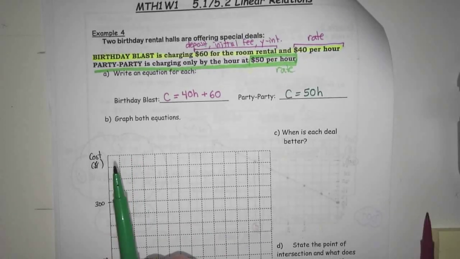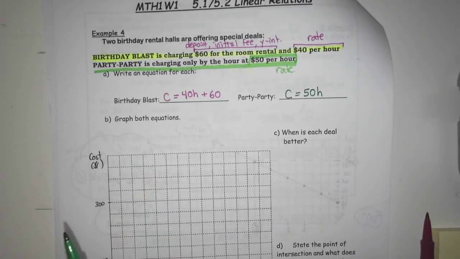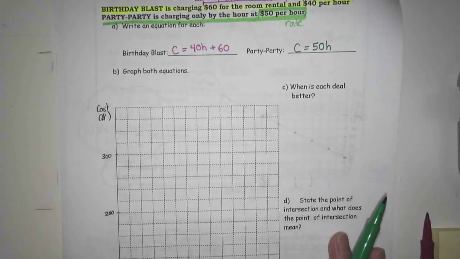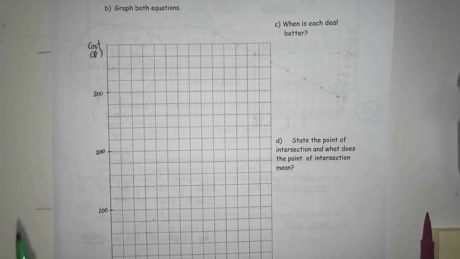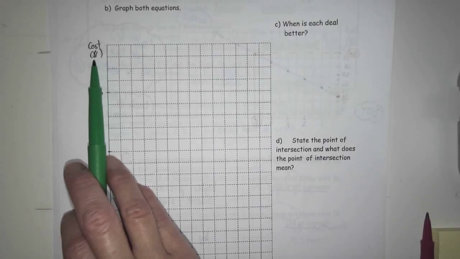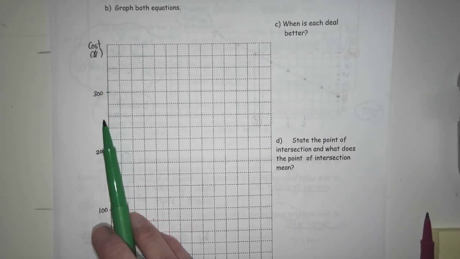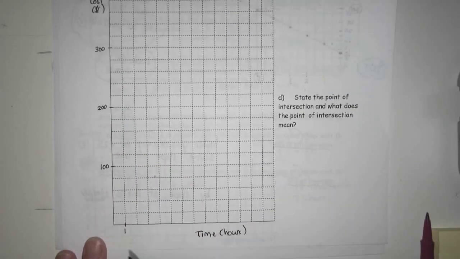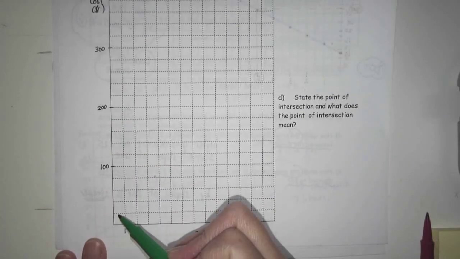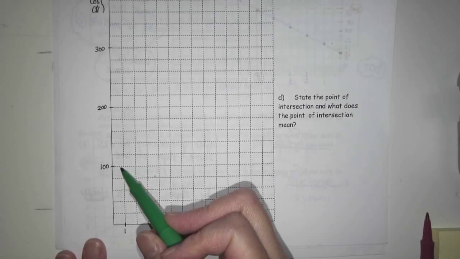Second part of the question says graph both equations. We're going to drag this all the way up here so we can see. Now, we've got the cost, in dollars, labeled for us down the side here. So 300, 200, 100. There's 5 squares, 1, 2, 3, 4, 5.